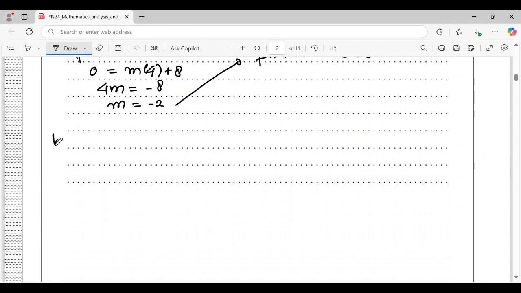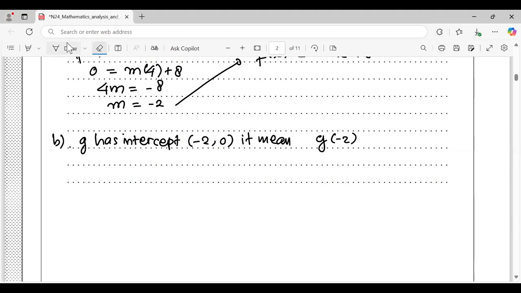Now part b: our function g has an x-intercept at minus 2,0. It means g of minus 2 equals 0.